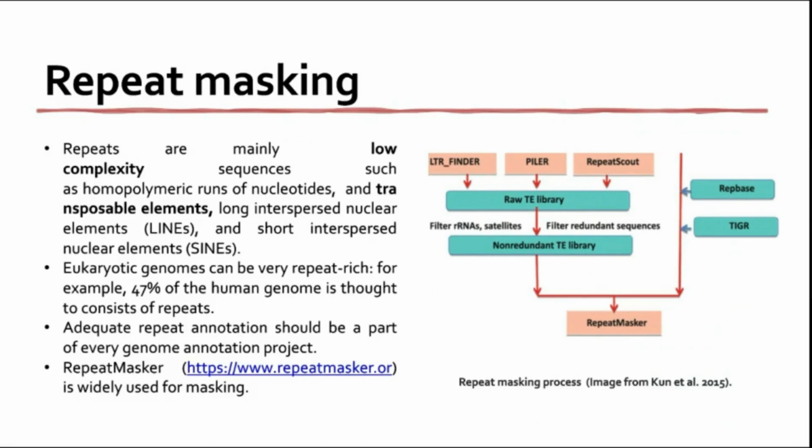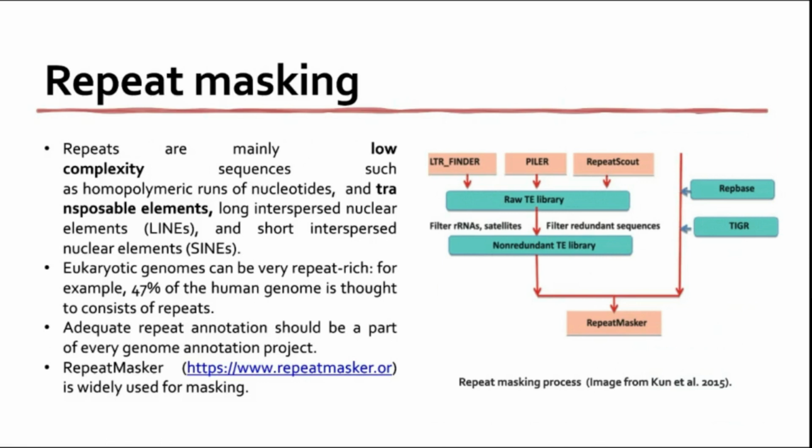Initially we have to find them; RepBase is the database giving the standard repeats, and there are different finders like RepeatScout, PILER, and LTR_FINDER. They try to find the repeats in your entire genome, and after finding them, they go for masking those elements and create a particular library.